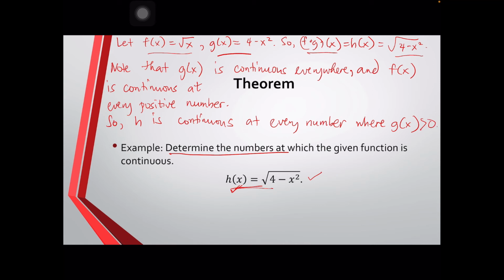And so, since our g of x is equal to 4 minus x squared, I hope you have not forgotten that, substituting that here, we'll now have 4 minus x squared greater than 0. Again, we're trying to look for the numbers where this function is continuous.